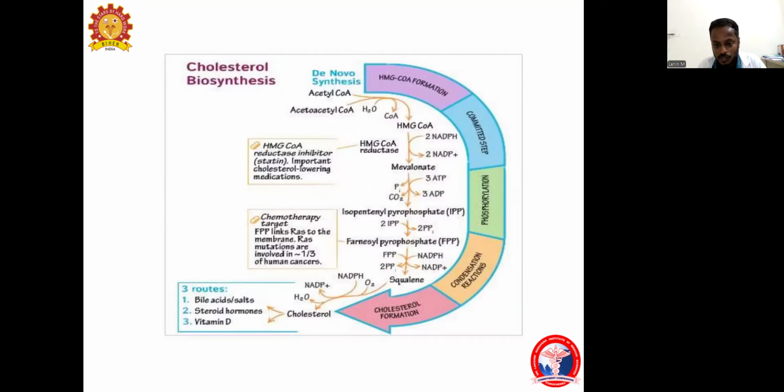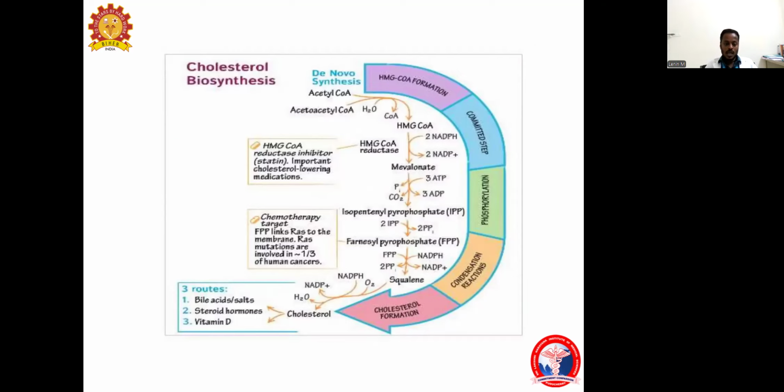From mevalonate to isopentenyl pyrophosphate is the phosphorylation reaction. Then comes the condensation reaction, and finally cholesterol is formed, called cholesterol formation.